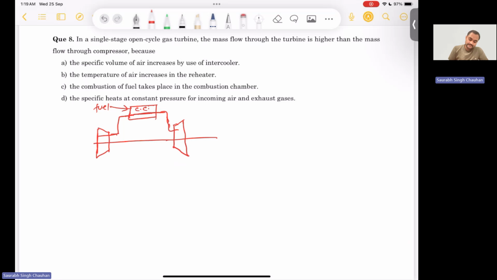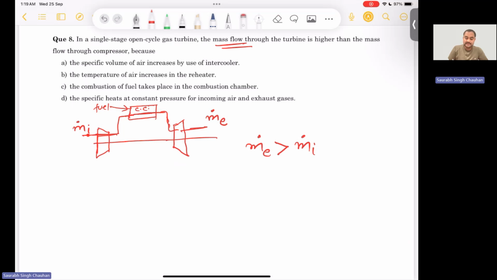So it is saying that the mass flow rate at the exit of the turbine is greater than the mass flow rate through the compressor. Let us say the mass flow rate at the inlet is M_I, so it is saying that M_E is greater than M_I.